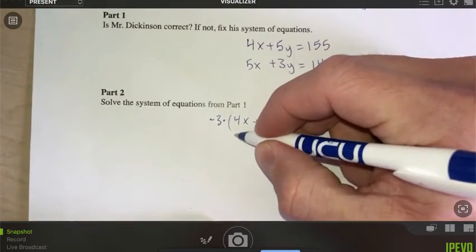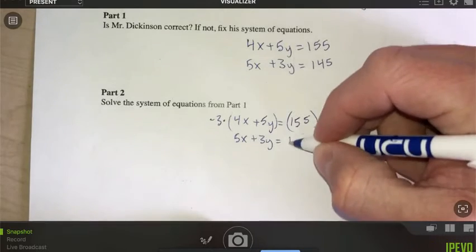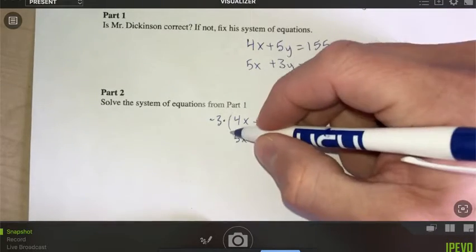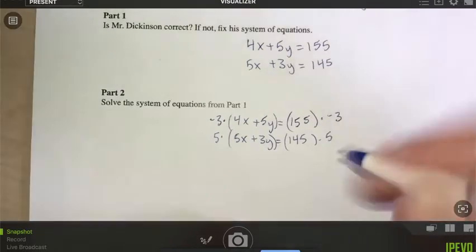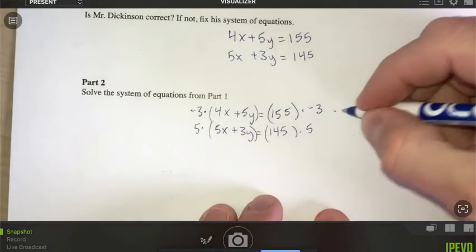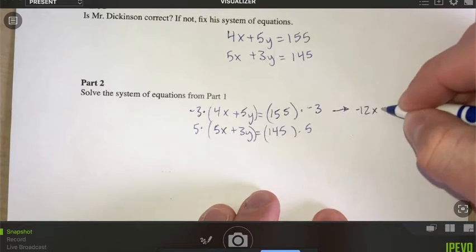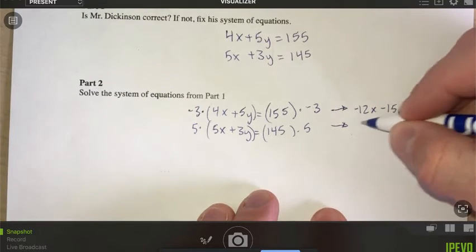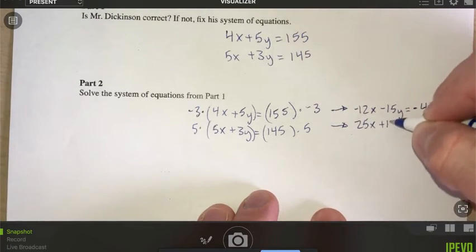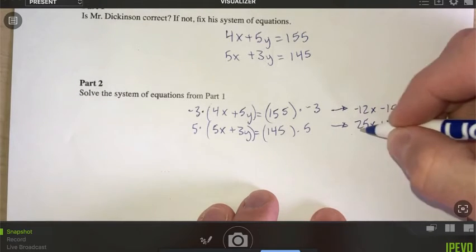It doesn't matter. If you are behind on the elimination stuff, I would definitely go back and take a look at that before you attempt this. And then this one here, if I multiply by 5, now my new equations are going to be -12x minus 15y equals -465, and 25x plus 15y equals 725.